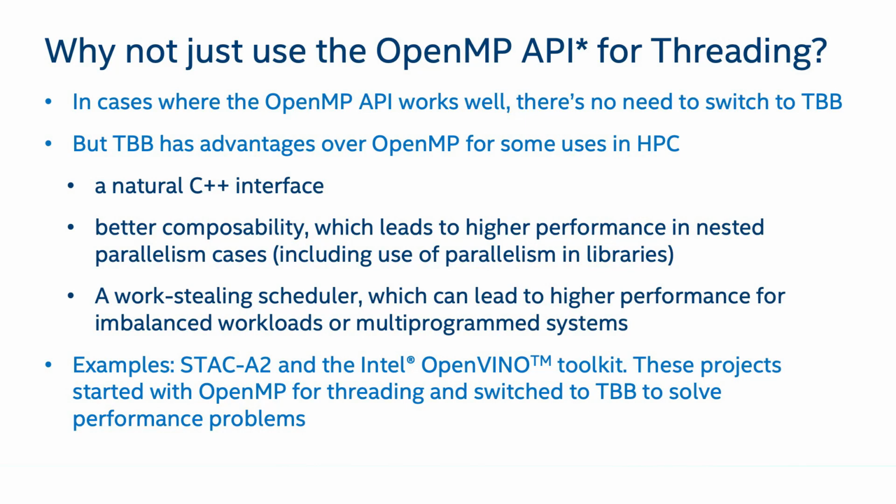So there are examples of applications that are all about high performance that actually started using OpenMP and at some point switched to TBB for performance reasons. So it is not an insane thought that TBB for HPC can offer better performance than OpenMP. An example is Intel's implementation of the STAC-A2 benchmark, which is a finance benchmark that's used in risk analysis.